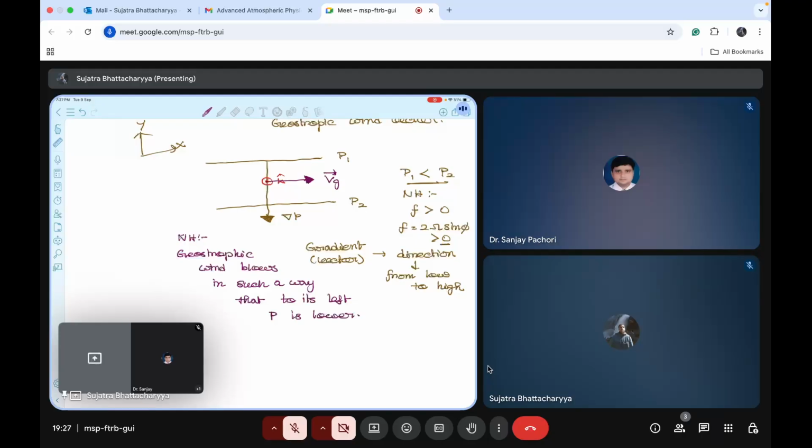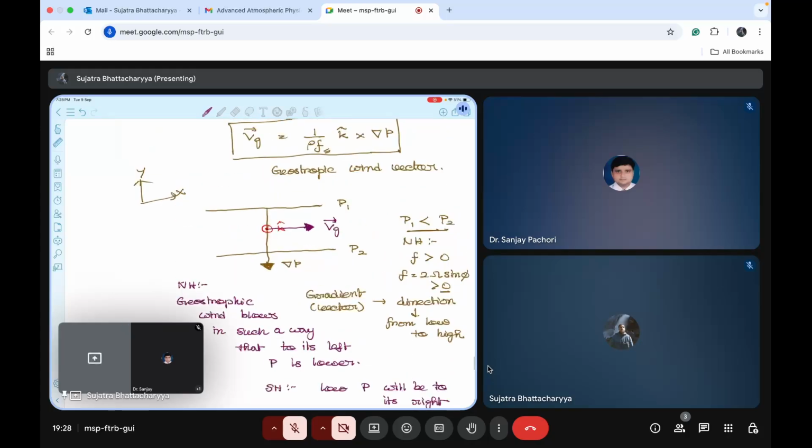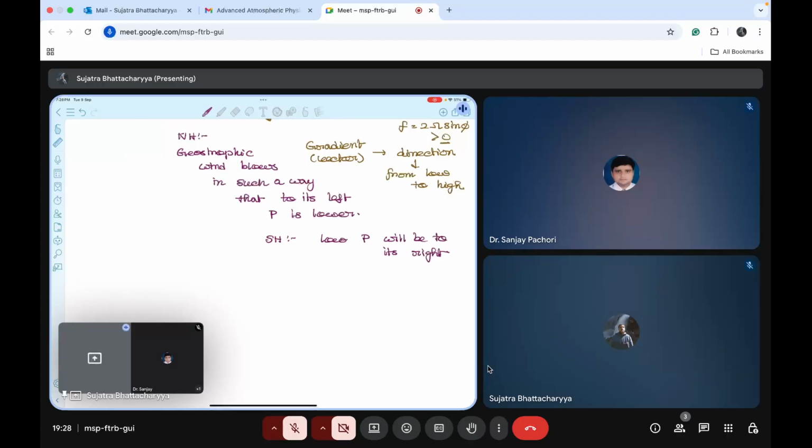Okay, so this is one of the cases. Similarly, if you now take the southern hemisphere, it will be opposite. Simple. So for the southern hemisphere, low pressure will be to its right. And what will change in the formula? F. F becomes negative. So there is an extra negative sign which makes it so. That's the thing. Okay. So this is the geostrophic part.